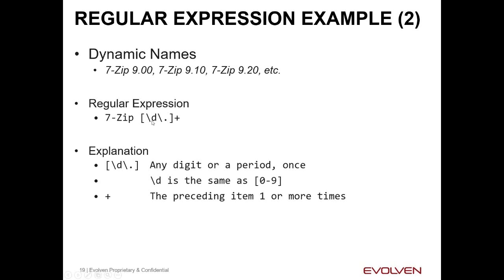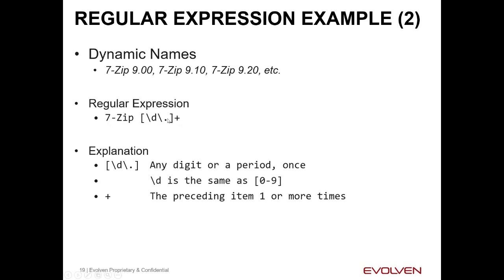So we simply used a different version of 0-9 just to give a different spin on it. But they essentially work out to be the same thing. And also point out that the backslash is essentially escaping. And so within here, we expect 7-zip, and then we expect this, within this, we expect either a digit or a period.